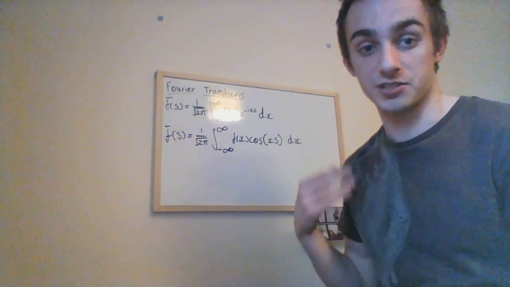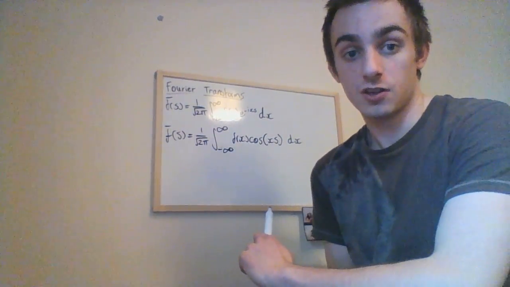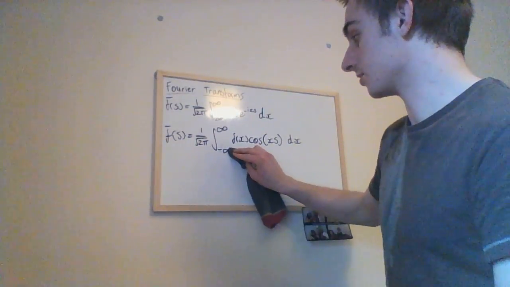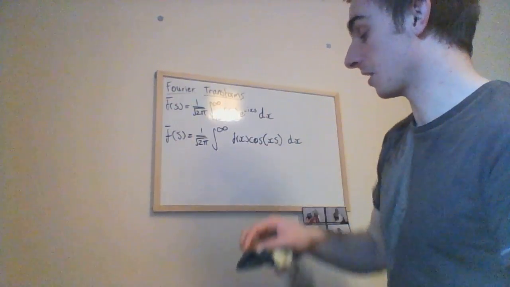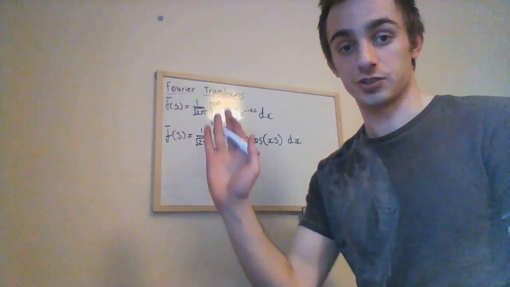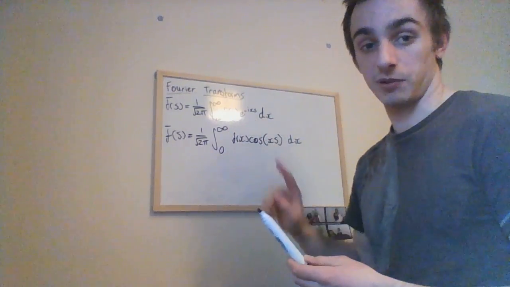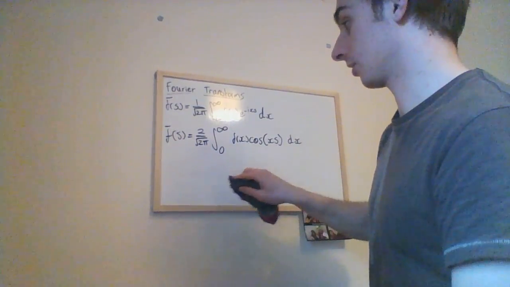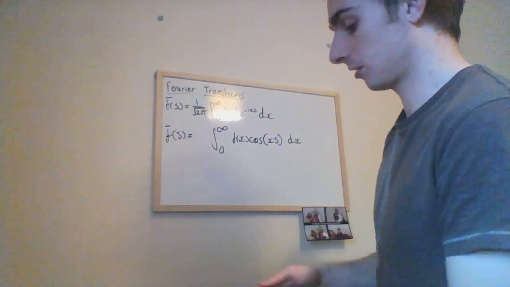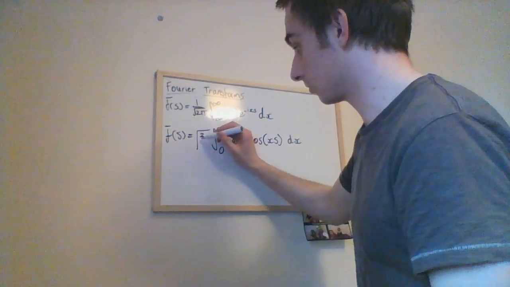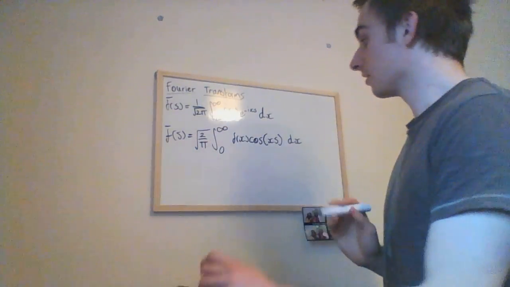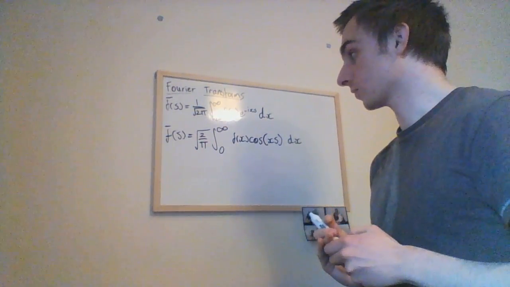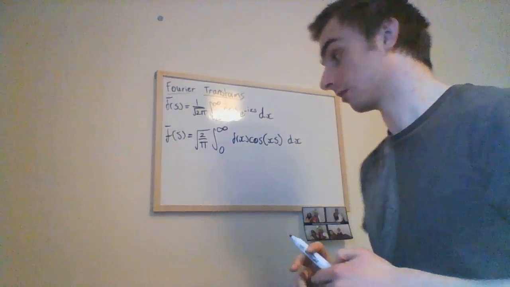What I jumped ahead and did there was, because this is an even function, we could halve the area of integration, so we don't have to go all the way to minus infinity. We can go to 0 because it's halfway in the middle, and then just multiply it by 2. So 2 up here, or I could divide top and bottom by root 2. I come up with this, which is the conventional way of writing the cosine Fourier transform, as it's called here.